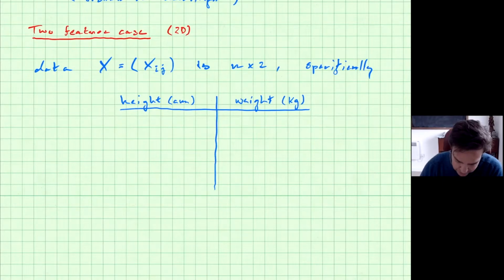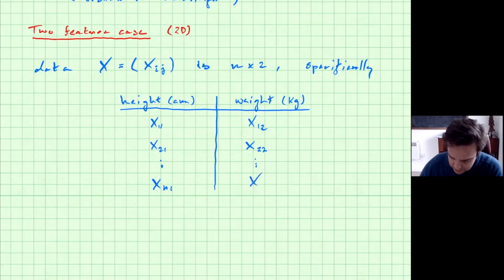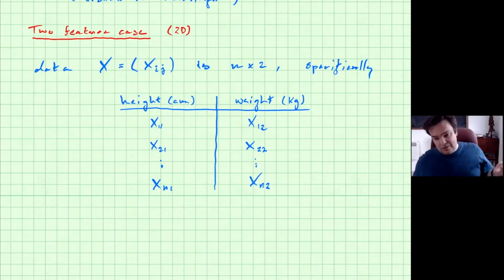So here's X11, and here's X12, and here's X21, and X22, and so on, until we get down to the end. And if there's n rows, we have X_n1 and X_n2, right? That's a table of the elements in the matrix X, heights and weights.